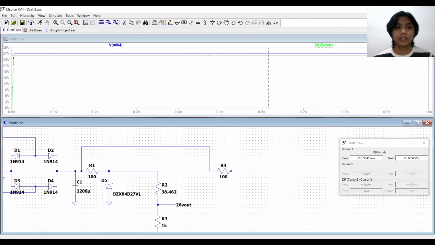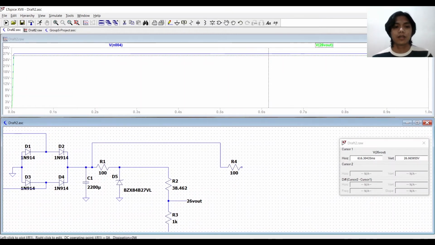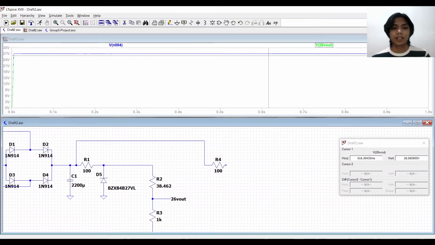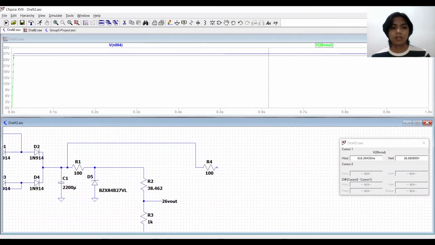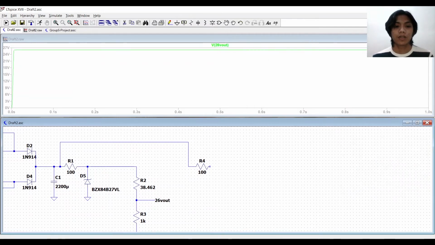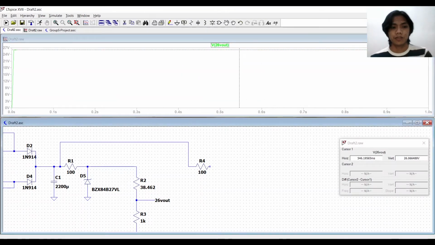These resistors are, by the way, there to limit the current passing through this Zener diode, because Zener diodes actually have a maximum power rating, and we do not want the current to be too large because it would actually damage the Zener diode. And in this simulation, as you can see, it works, meaning to say that we have done the right calculations.